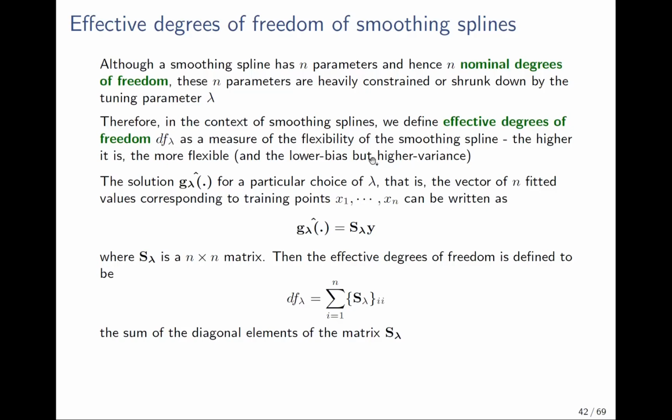The higher it is, the more flexible, and the lower the bias, but higher variance. So if we think about the solution for a particular choice of lambda, this gives us our solution of the functions that are going to determine our spline. We can write that as a linear combination of the y's, where S is an n by n matrix, and the effective degrees of freedom is defined to be the sum of the diagonal elements of that matrix. But again, it's more of a detail than something that I really need you to focus on.